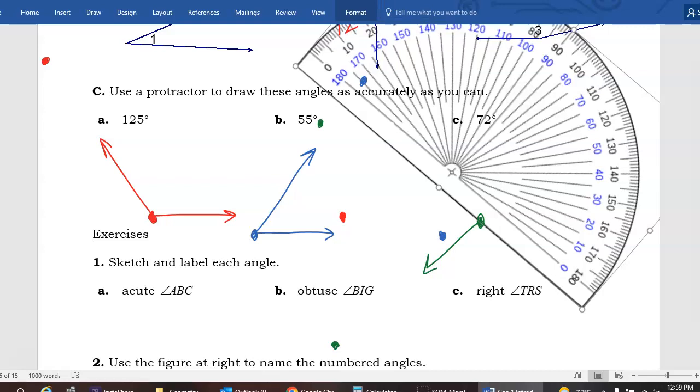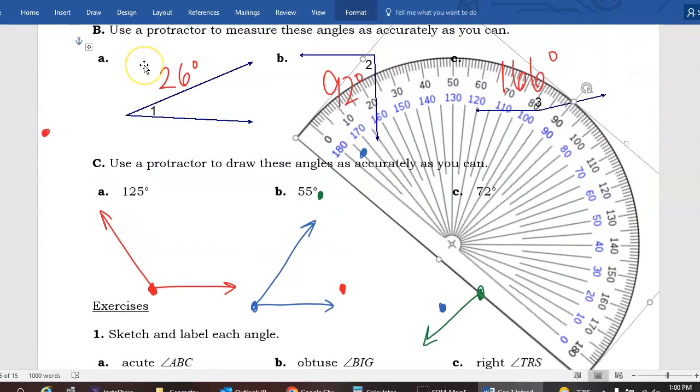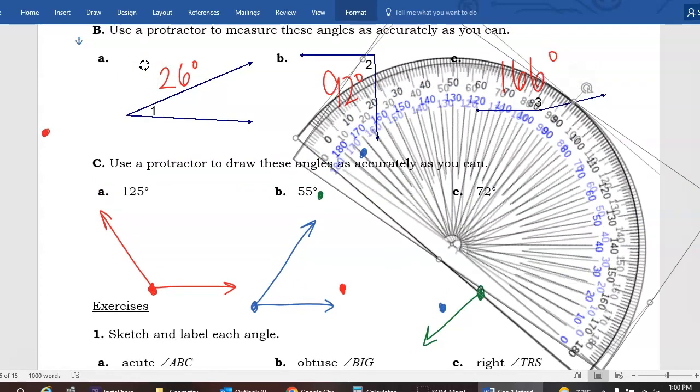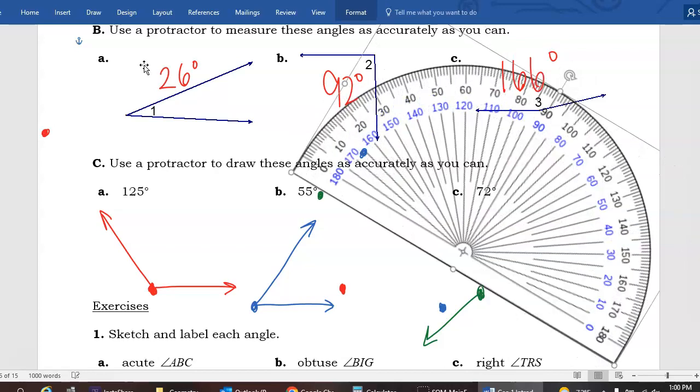Line him up. I think if I scroll down, this might be a little easier. Because then I can turn him right about there. And second side, there's my 72-degree angle.